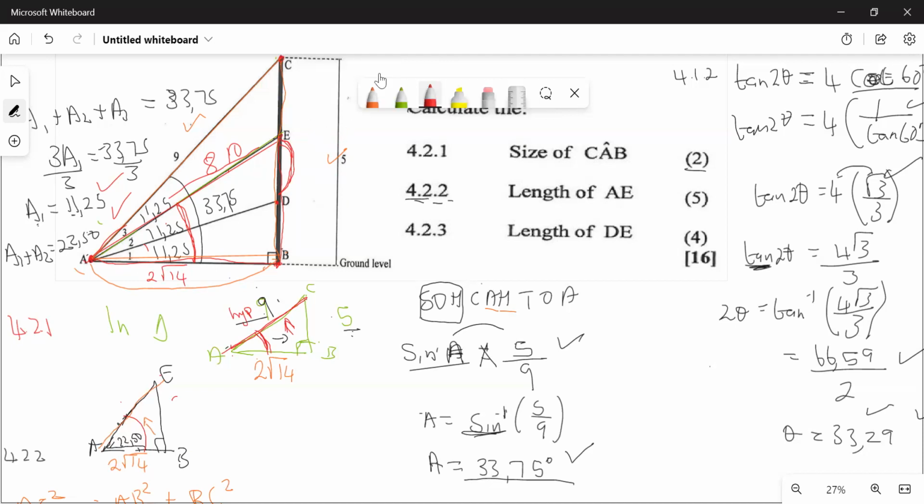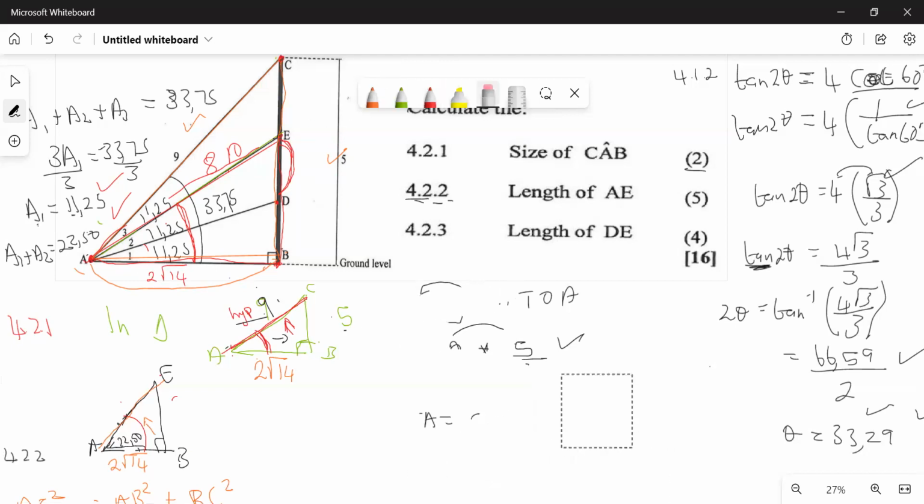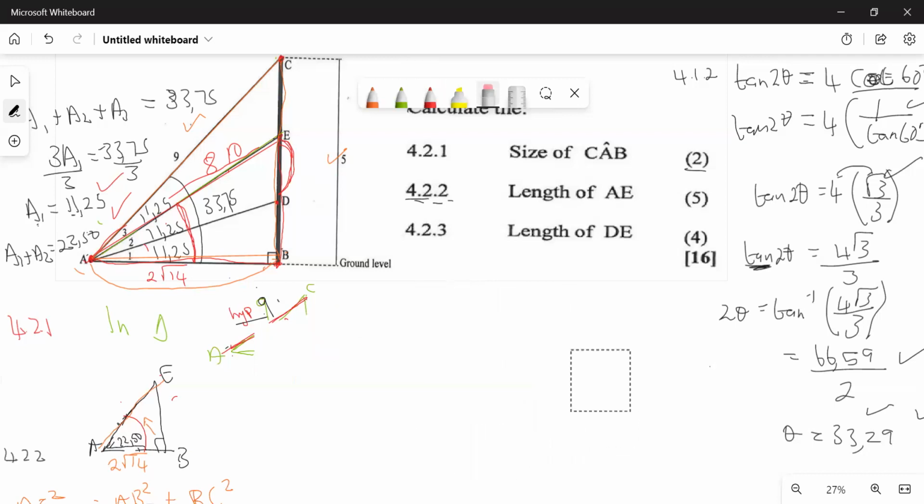There is an angle of 11,25. Starting from A to E, it's 8,10, and here it's 2 root 14 again.